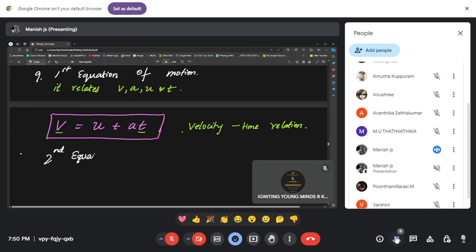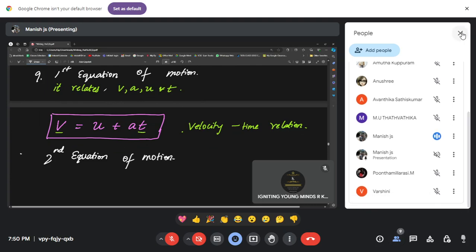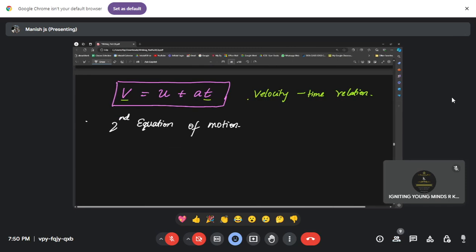The second equation of motion. What does it relate? Let's see what physical quantities the second equation of motion relates. It relates displacement and time. We write it as S equals ut plus half at squared.